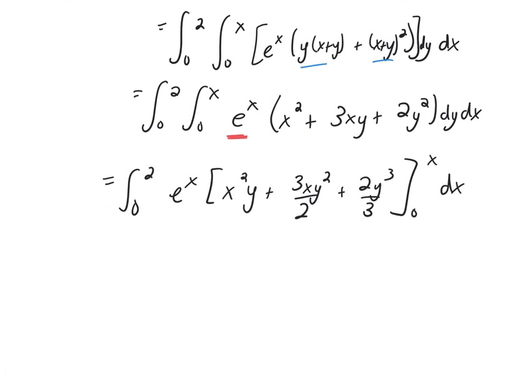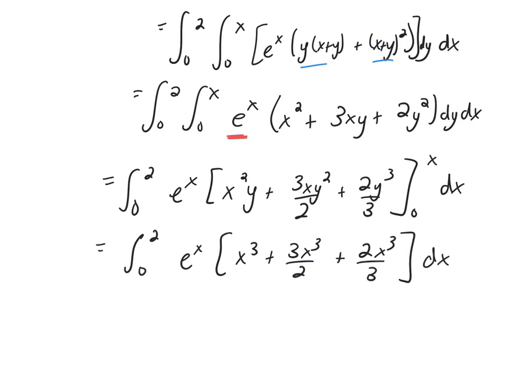So replace y with x and y with 0. So you'll get x cubed plus 3x cubed over 2 plus 2x cubed over 3.